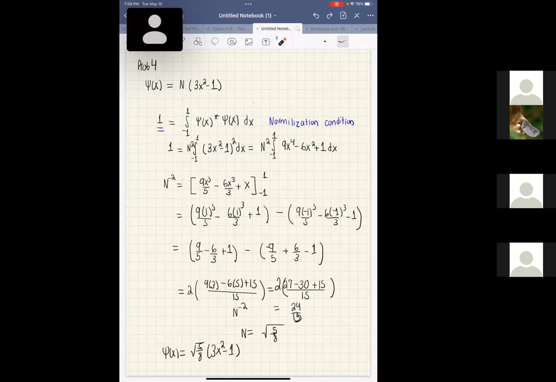And then when you solve this, you expand this out, and when you take the integral of this, you're gonna have this expression. And then once you do that, you plug in 1 and -1, and you subtract them by each other. And what you're gonna get is radical 5 over 8. And you multiply this normalization constant to the original wave function to have it normalized.